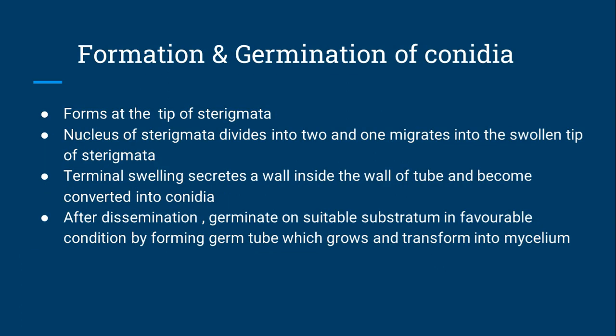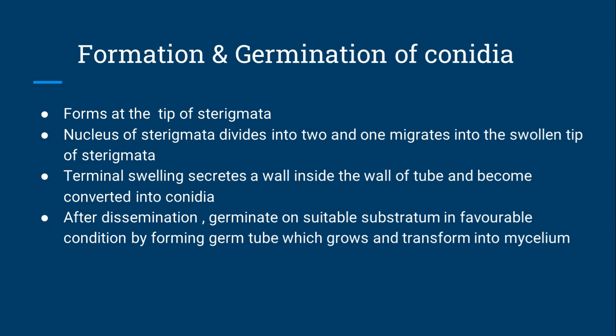Now how does the formation of these conidia take place? These conidia form at the tip of stigmata, and you know what stigmata is. It is a flask-shaped body which is present on the metulae if it is biverticillate, or directly on the conidiophore if it is monoverticillate. I already told you, the stigmata, the flask bodies, are uninucleate.